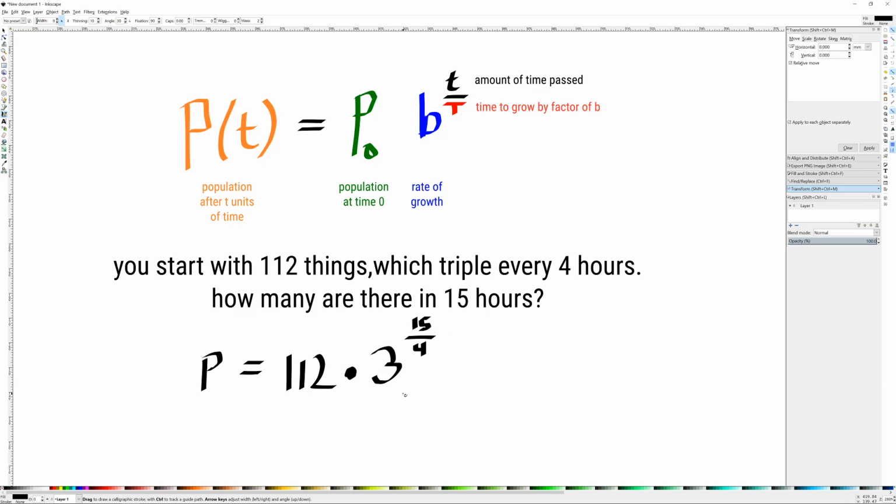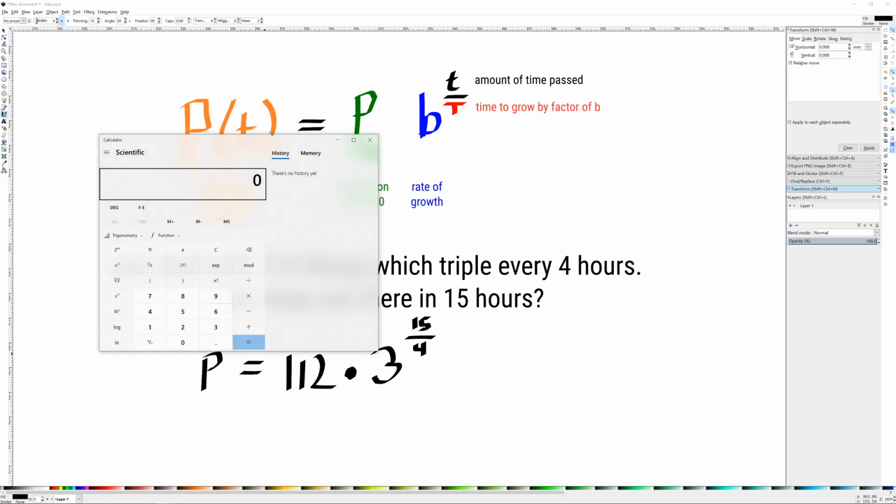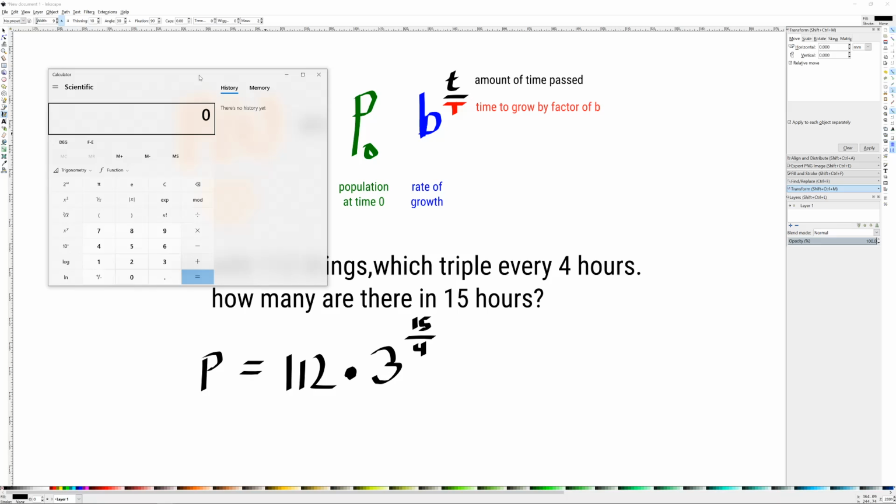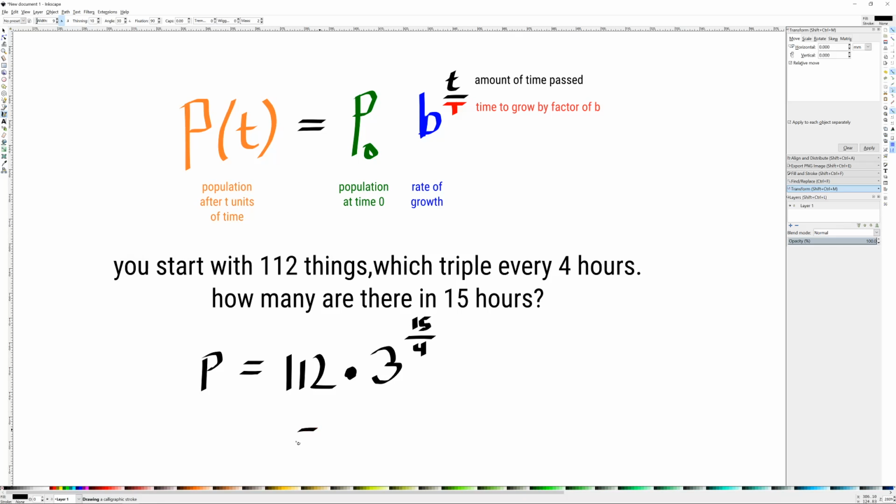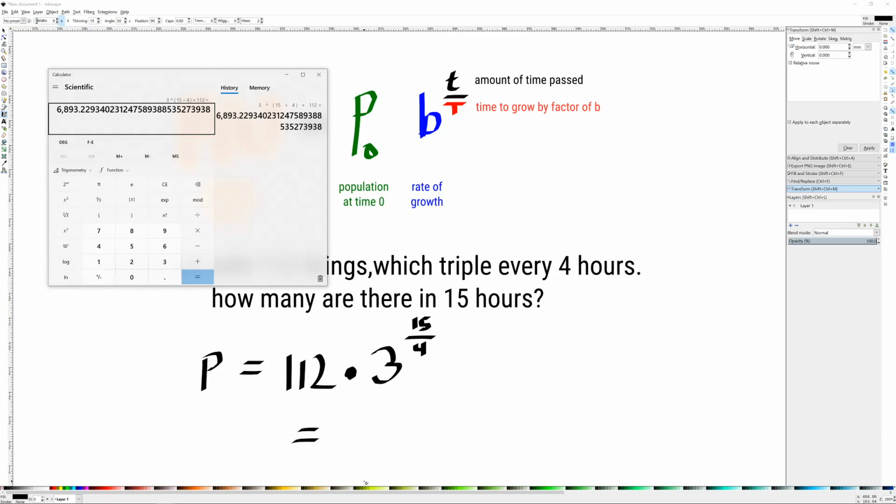It's going to be a fractional amount. Let me pull up my calculator again. So I'm going to say 3 raised to the 15 over 4, times 112. And I'm going to get, in this case, 6,893.